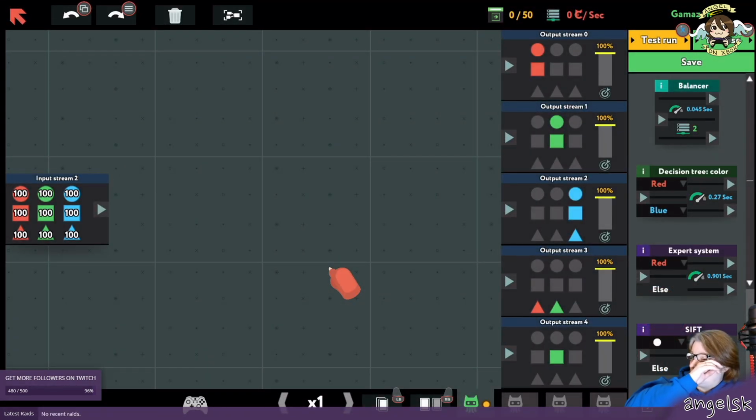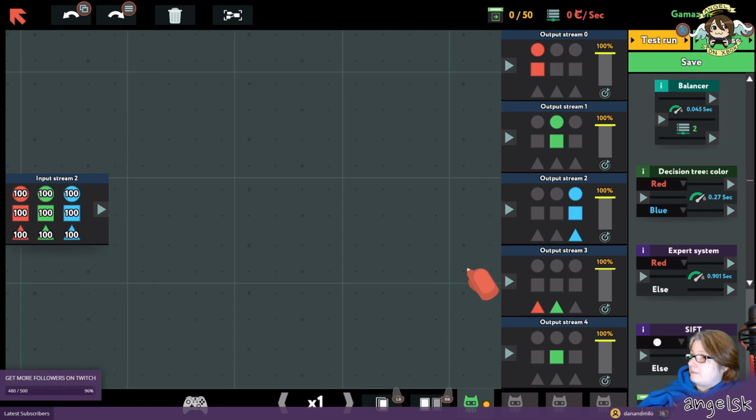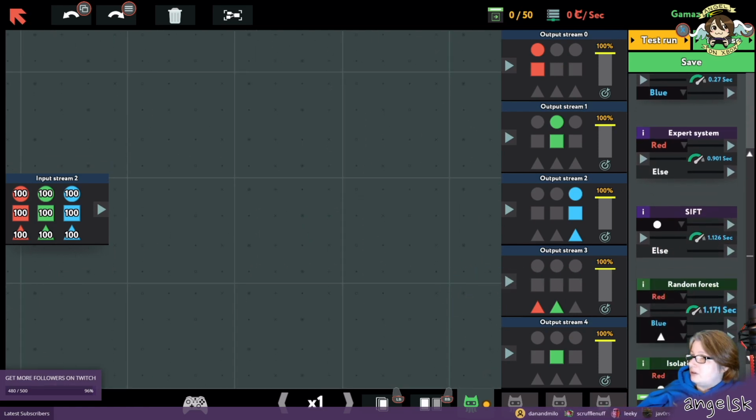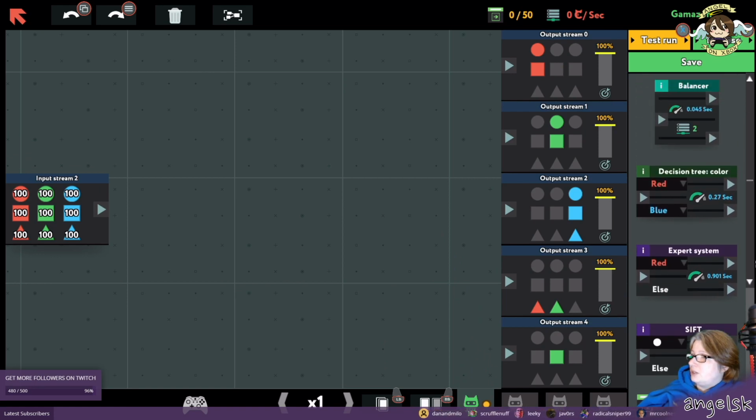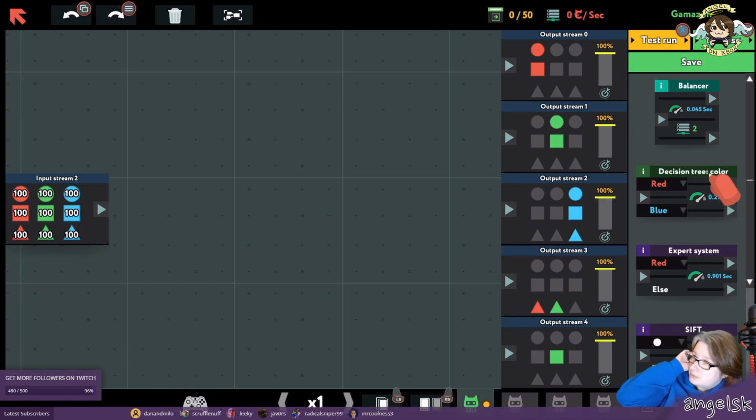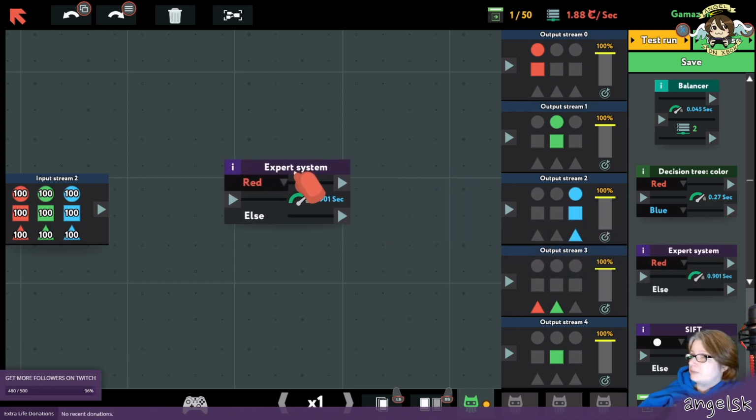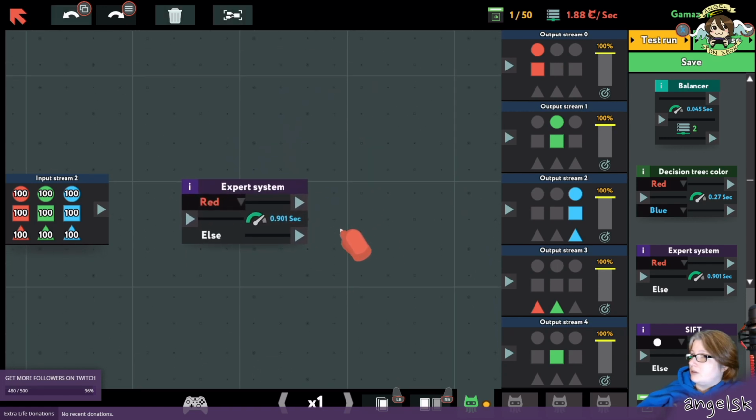Right. Oh, dear Lord. Okay, so do we have our random forest? Okay, but what we could do is... it doesn't matter how long it takes, because if not, we could just do blue.